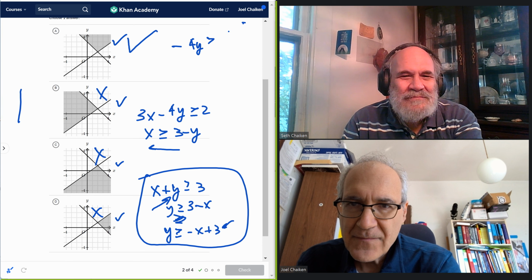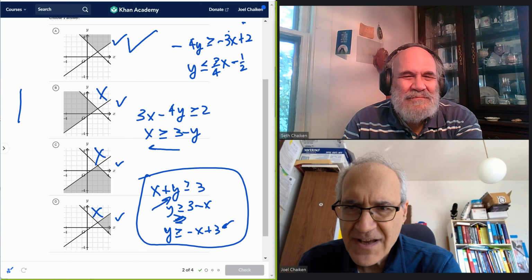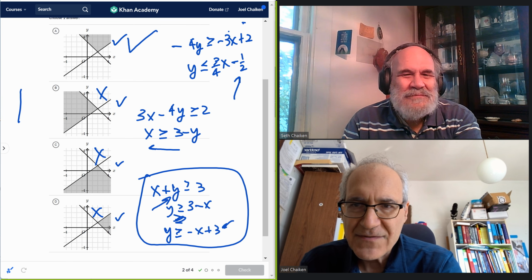Negative 4y is greater than or equal to negative 3x plus 2. Now we reverse the sign of the inequality, and this is 3/4 x minus a half. Yeah, they all have a minus a half as the y-intercept. They all have a positive slope, and this is a y less than.